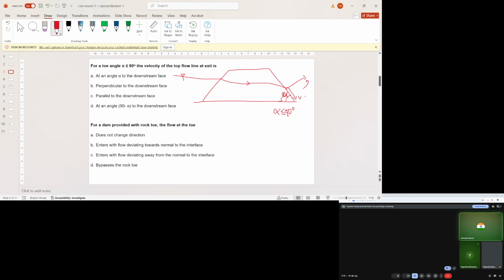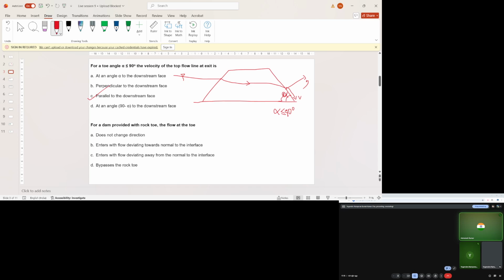It is parallel to the downstream face. So this is the slope of the downstream face, and the velocity vector is parallel to the downstream face. Any doubts?